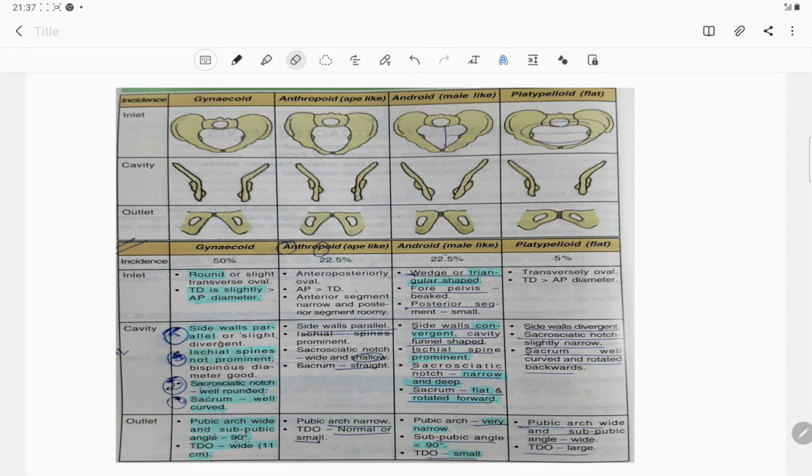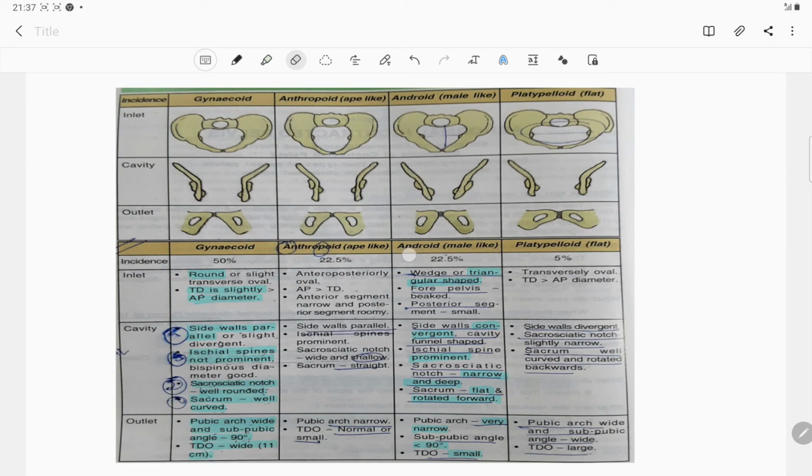Ischial spines are not prominent. Sacrosciatic notch is well rounded. Sacrum is well curved. And in outlet, pubic arch is wide and subpubic angle is 90 degree. And transverse diameter of outlet is wide, that is 11 centimeter.